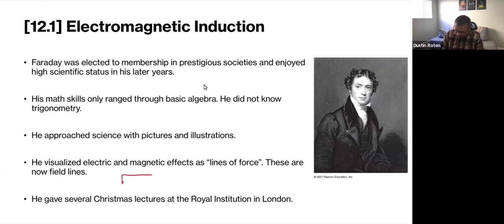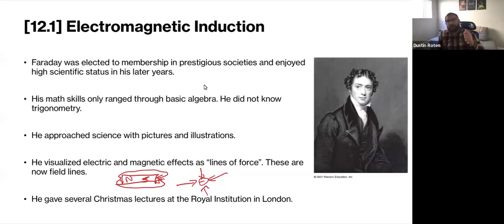So you can imagine the lines we've been drawing with magnets, south, and then on the charges, we have an electron. All these field lines we've been using were developed from Faraday's work.